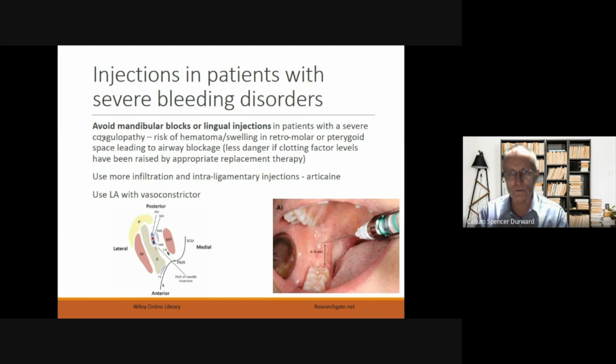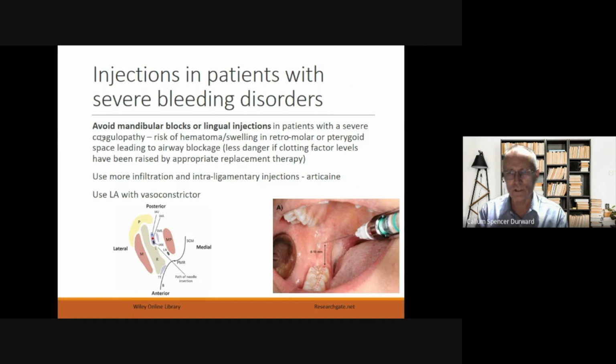Injections in patients with severe bleeding disorders are an area of concern. We should avoid mandibular blocks or lingual injections in patients with a severe coagulopathy, as there's a risk of hematoma or swelling in the retromolar or pterygoid space, leading to airway blockage.